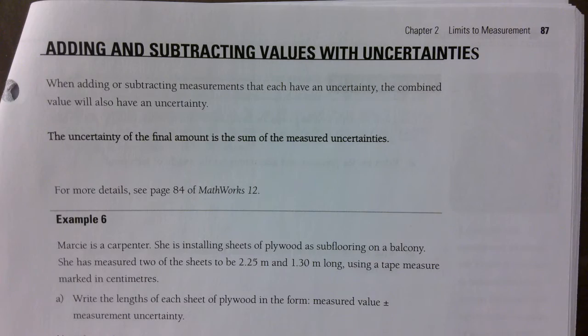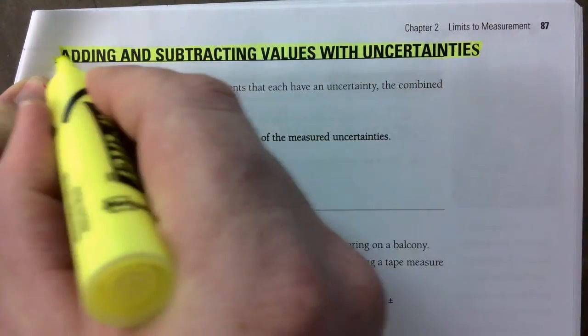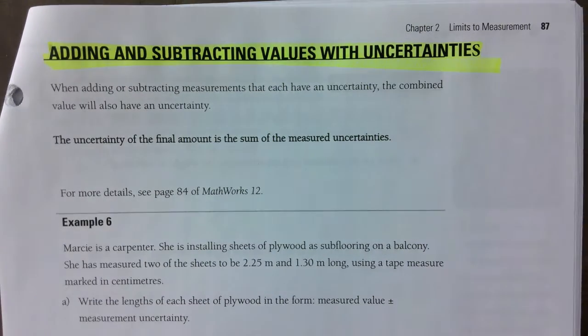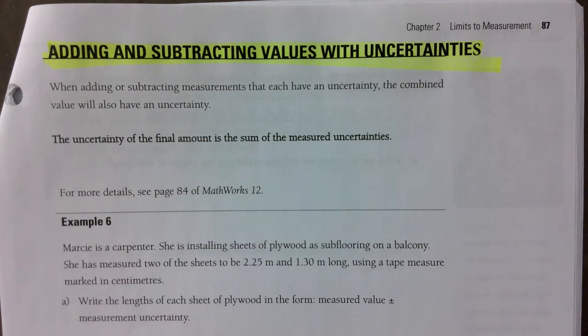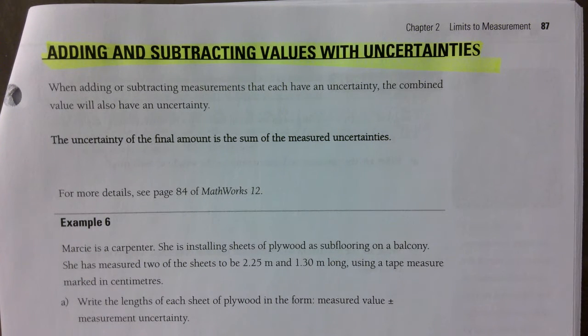I put that heading in there, and I would like you to highlight it and make sure you see it when you flip through your booklet, because you're going to get quite a few questions like this. Okay.